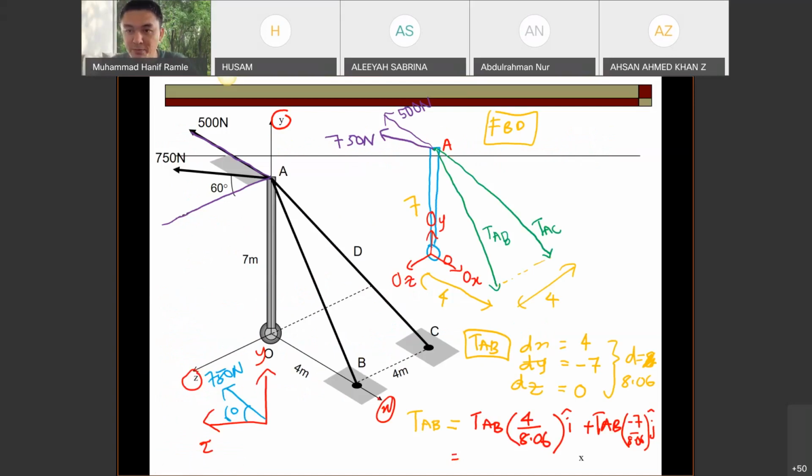Can you speak louder, please? 0.496 I. How about another one, sorry, I put TAB first: minus 7 over 8.06, how much? Negative 0.868. TAB, negative 0.868.